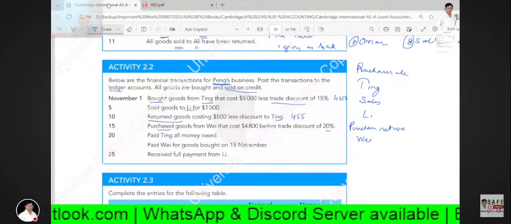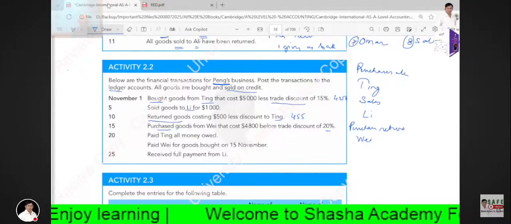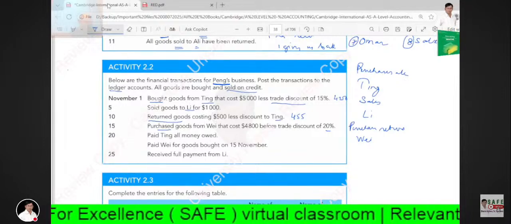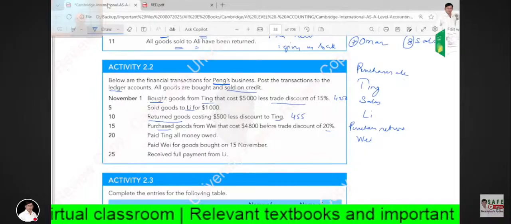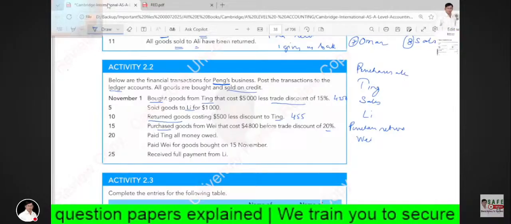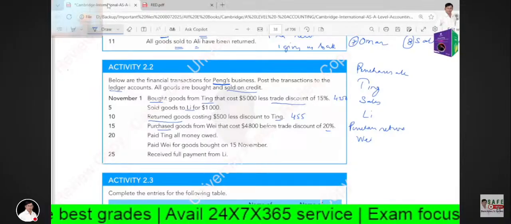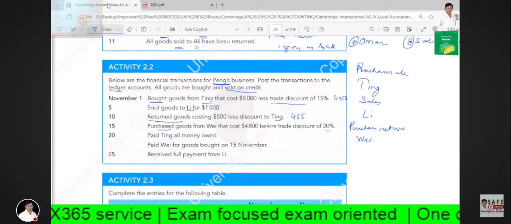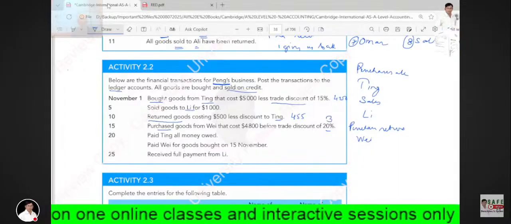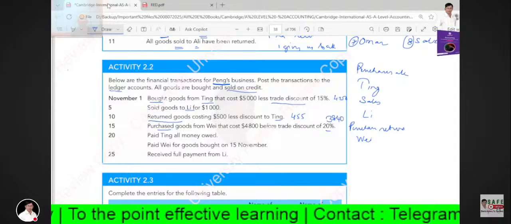So this should be recorded at 4,800 minus 20%, which is 3,840. So you have to record it at 3,840. Then paid Ting all money owed.